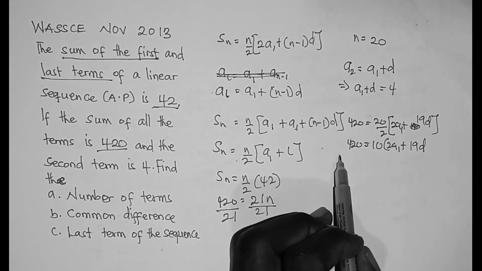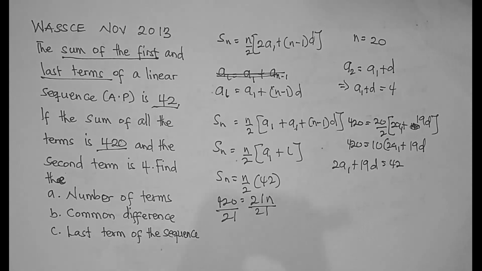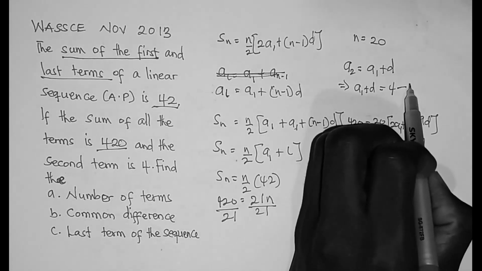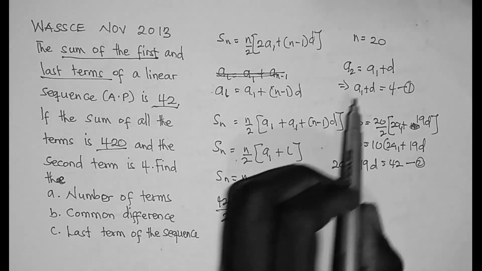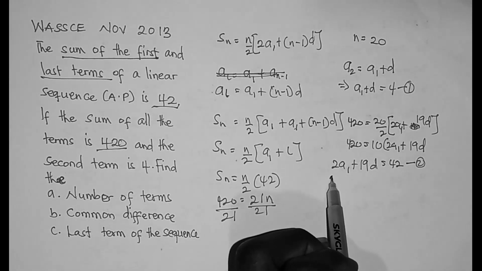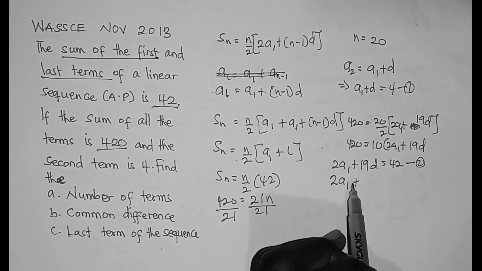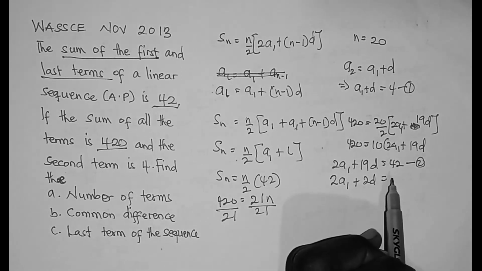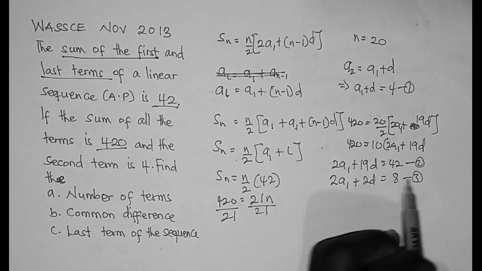So let's divide through by 10. We find that 2a1 plus 19d equals 42. This is our equation 2, and the other portion is equation 1. So let's multiply equation 1 by 2. 2 times a1 becomes 2a1, plus 2 times d equals 2d, which is equal to 2 times 4, which is 8. So this becomes equation 3.